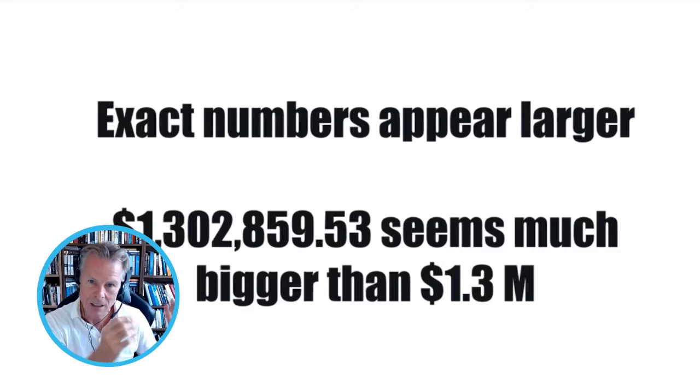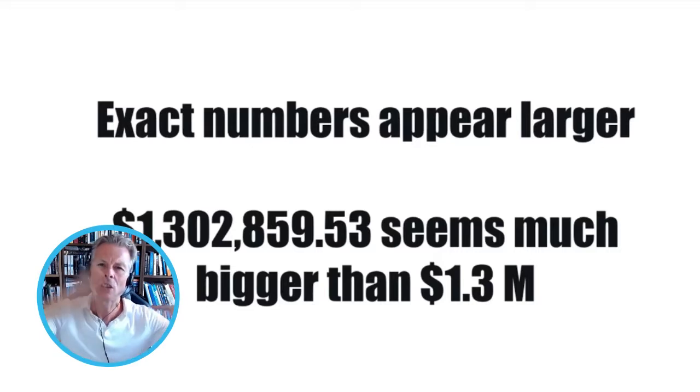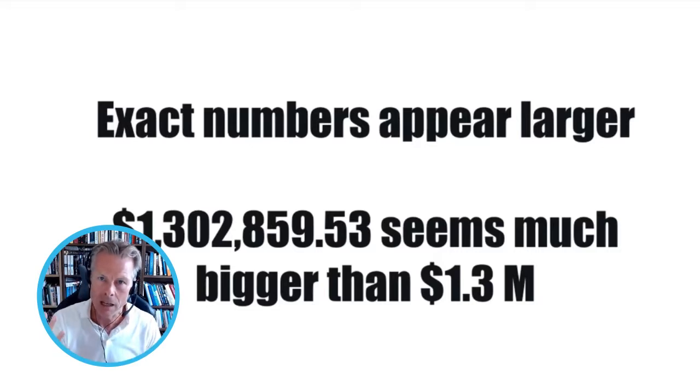Very, very exact number, okay? Because it feels like it's bigger. It feels like it's a bigger number. Ooh, I'm getting a lot. They want my business and they're getting a lot for it versus 1.3 million. So if you want something to appear like it's a lot, use a very, very exact large number, okay? So stretch that little baby out.